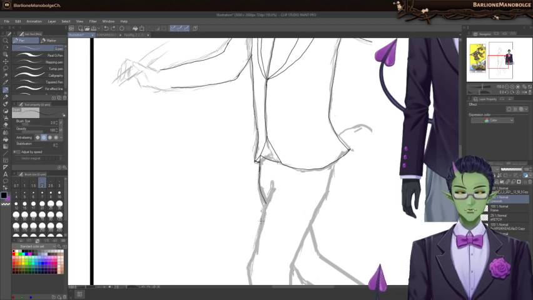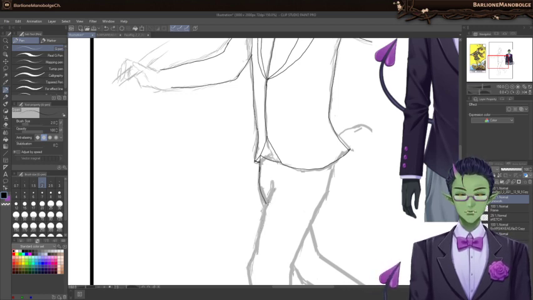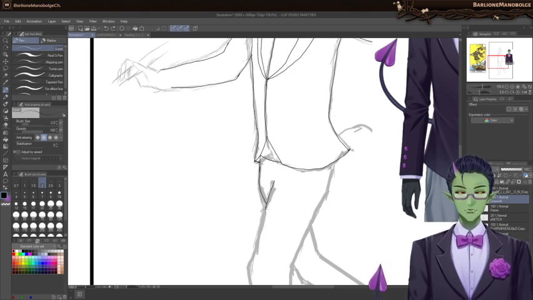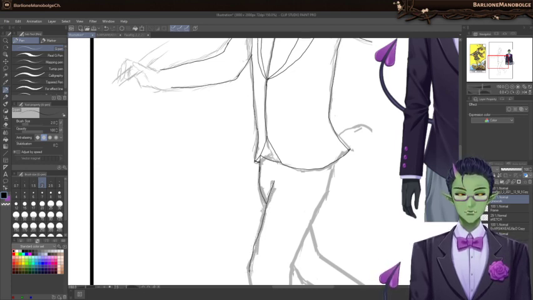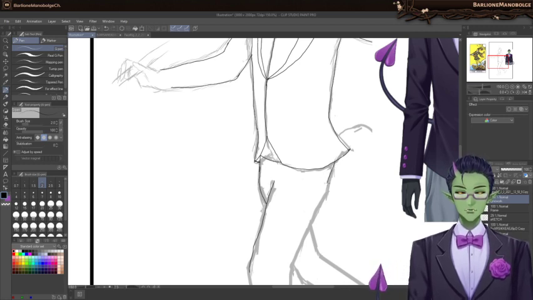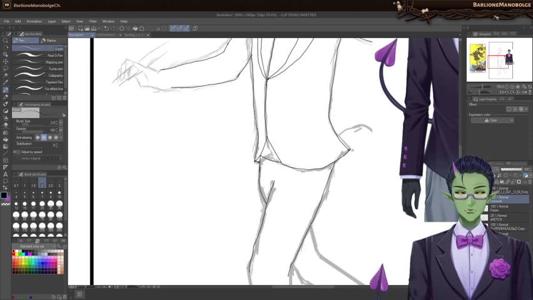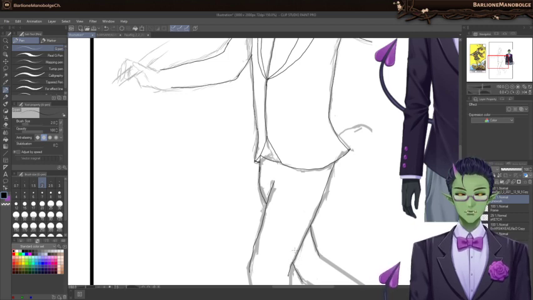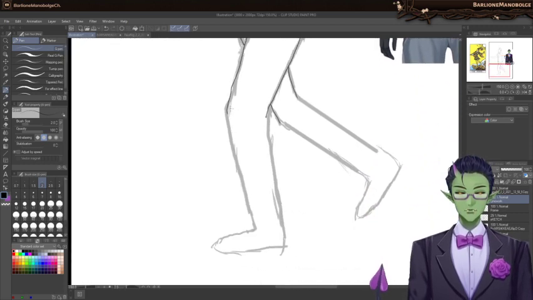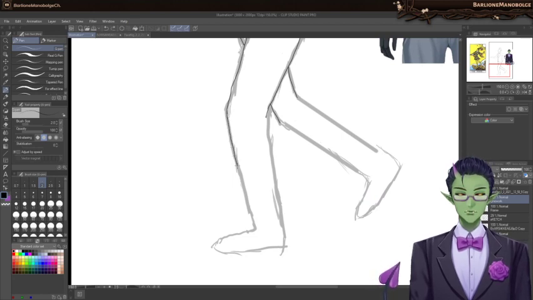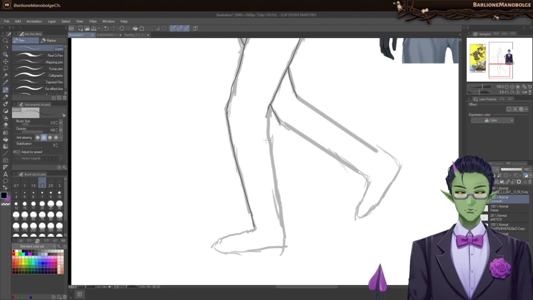No. It's too specific of a loop. I think I should draw no loop. Yes, no loop is definitely better. Loop in the original worked because of the size of the line, I believe.